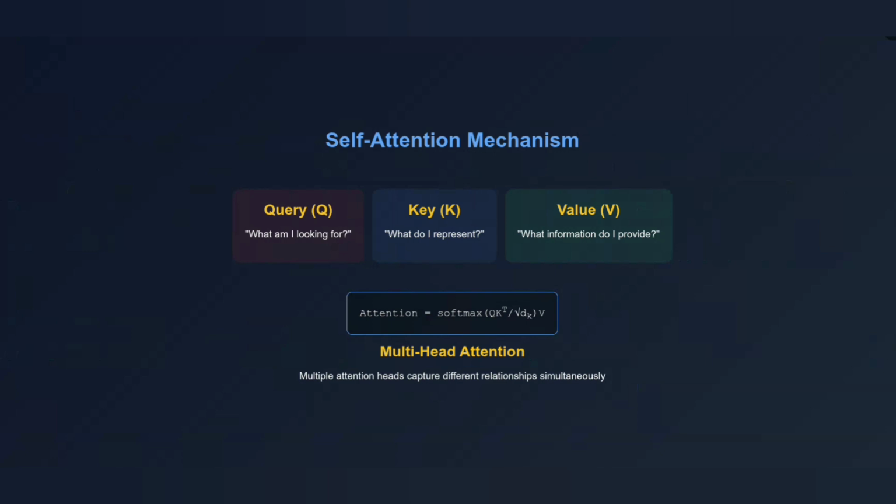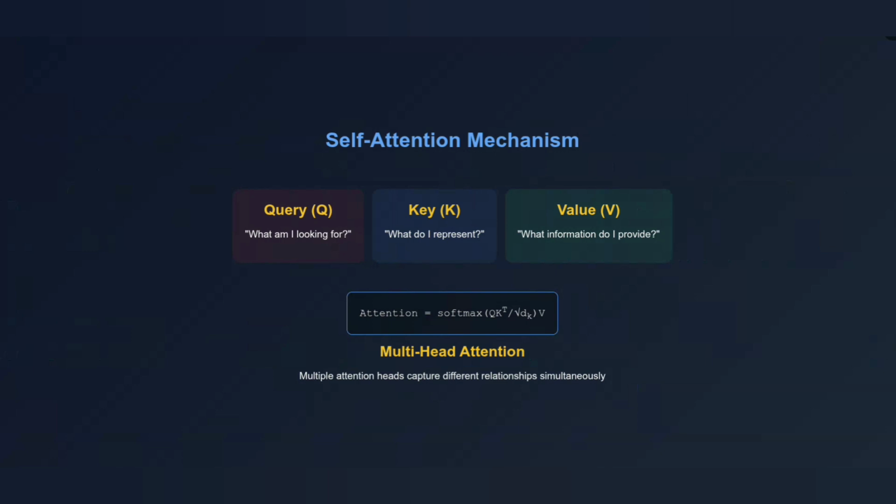For example, in the sentence, "The bank can guarantee deposits will eventually cover future tuition costs because it has access to interest," one attention head might connect "bank" to "deposits" and "interest," financial context, while another connects "it" to "bank," pronoun resolution.